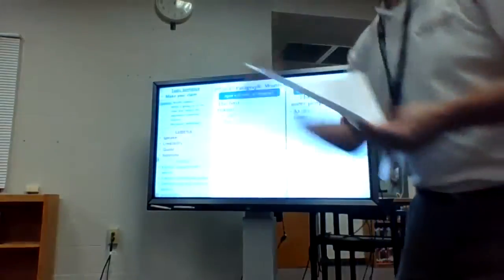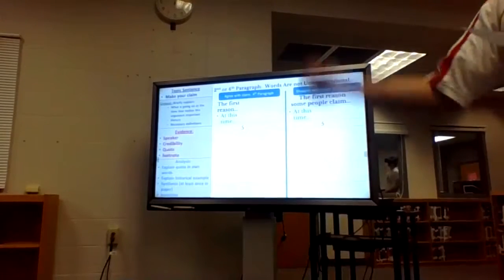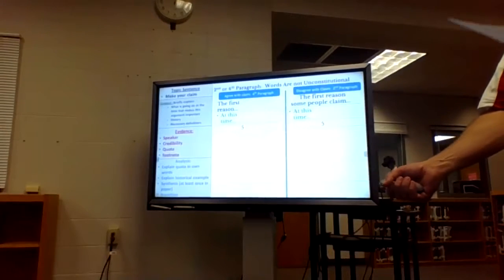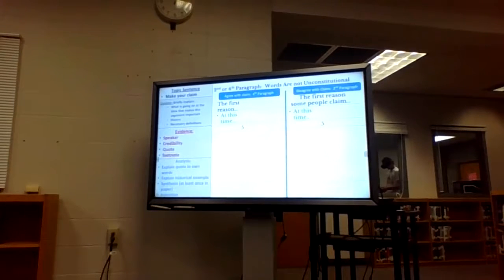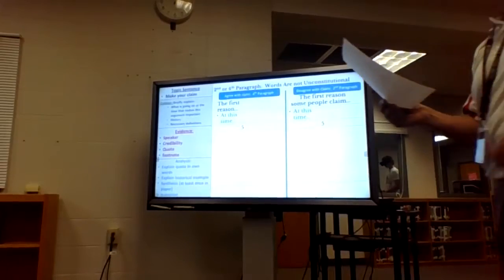The words do not violate the Constitution. No, they don't. Look at that last sentence. To hold that the Constitution prohibits a state or school district from allowing the recitation of a pledge that acknowledges the existence of God, we ignore the history and intent of the First Amendment. Right? It does not violate the First Amendment. Either sentence is fine.